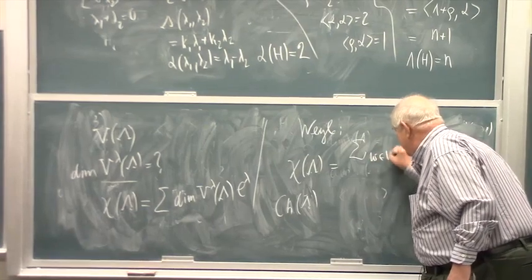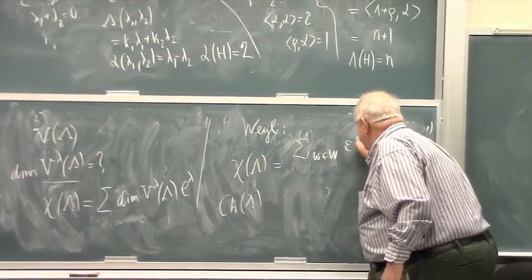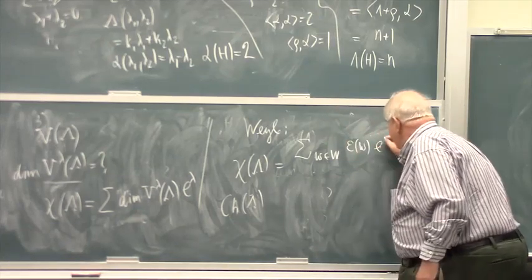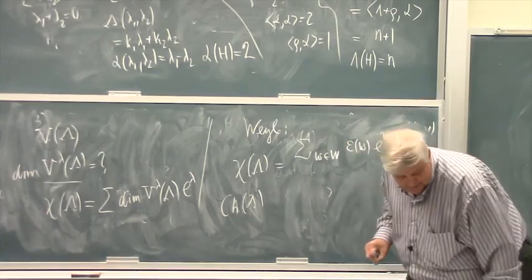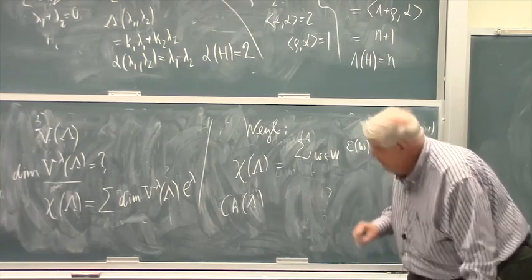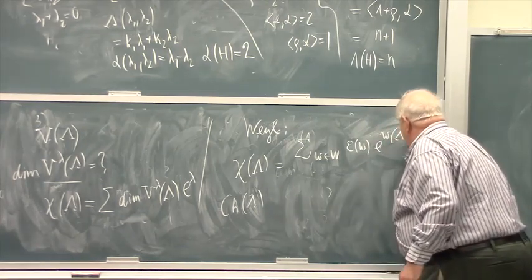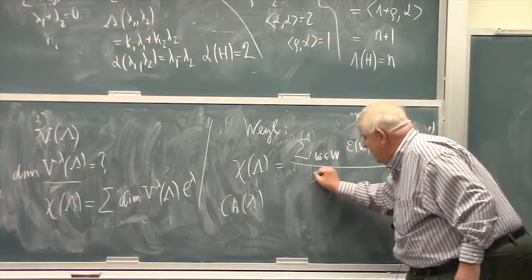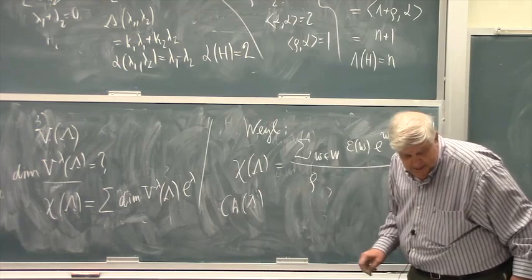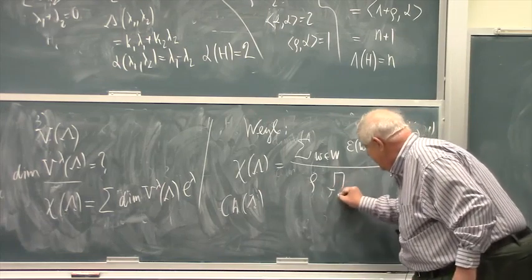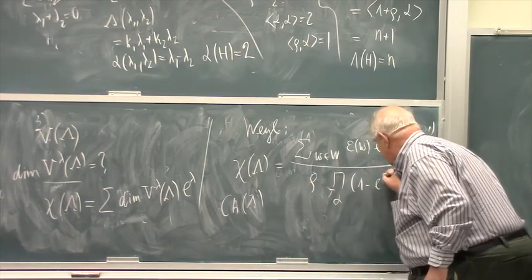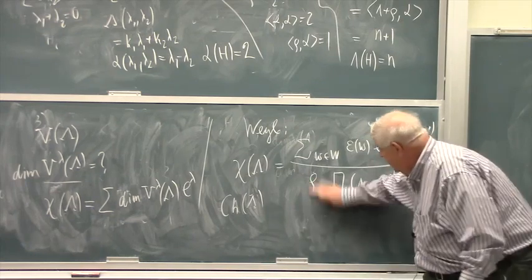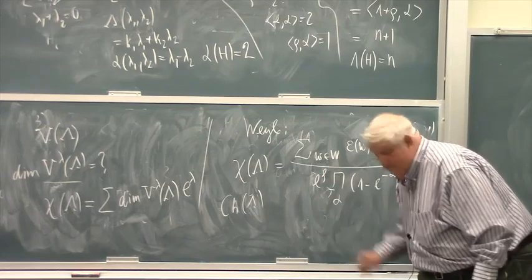The sum over w small belonging to W big, epsilon of w, e to the power w of lambda plus rho, and I divide this over the product, no, should be no rho, e to the power rho.